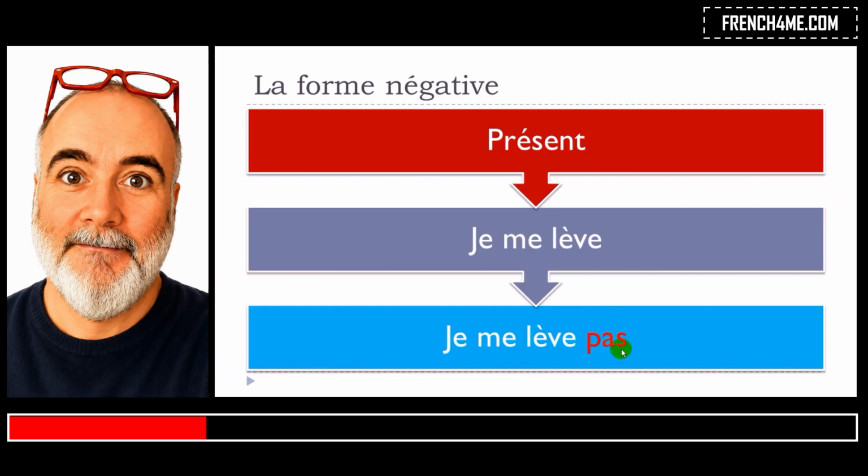Okay, the important thing is to, well, listen. If you hear that the persons that you are talking to are not using this first part, then, well, why not? You know, just follow them and you can drop, if you want, the first part. Okay, je me lève pas.